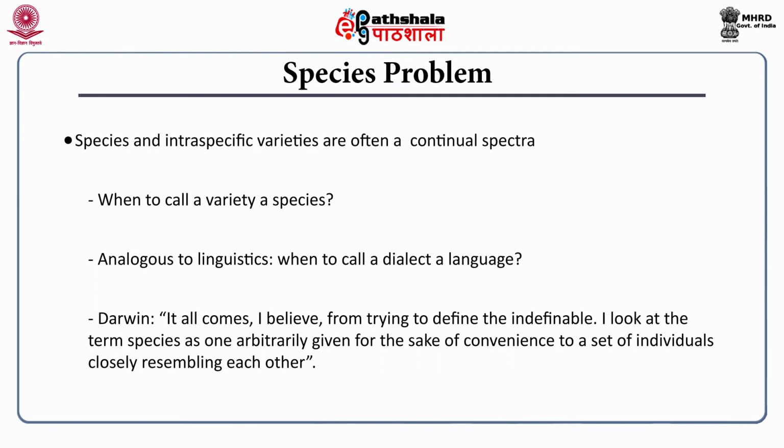"I look at the term species as one arbitrarily given for the sake of convenience to a set of individuals closely resembling each other." So it is purely arbitrary. You're technically labeling certain morphologically similar individuals as a separate species. It's highly subjective, not objective.